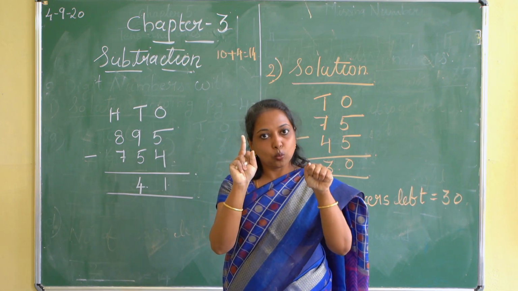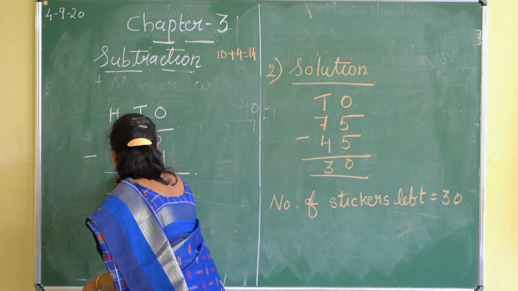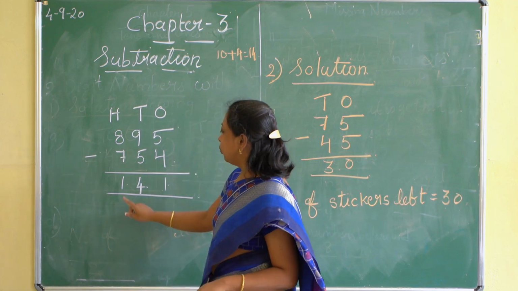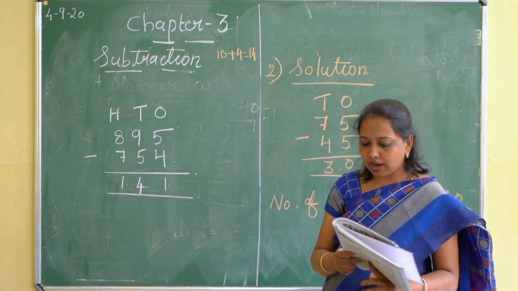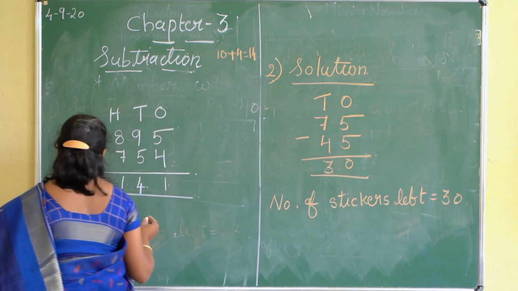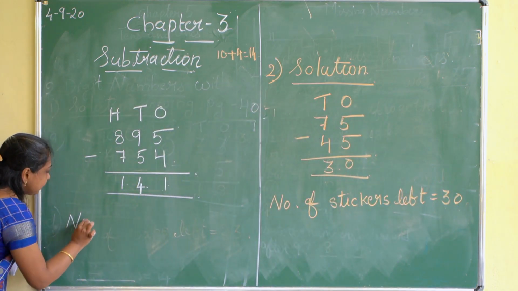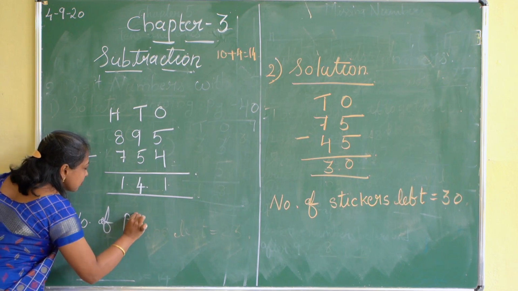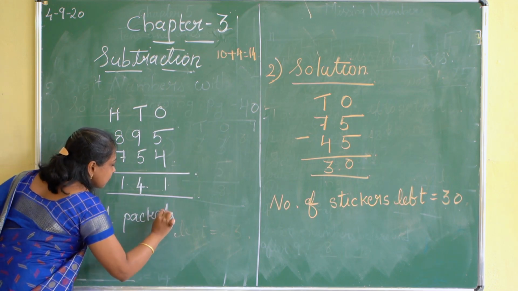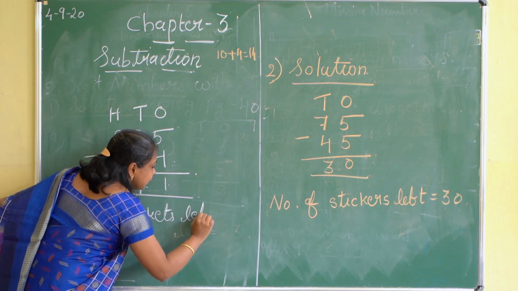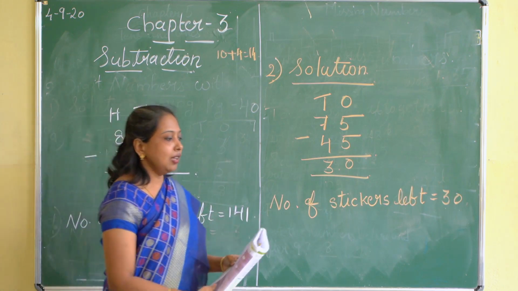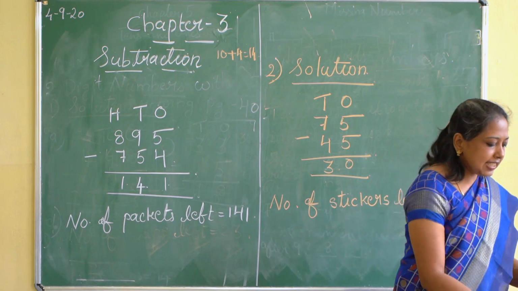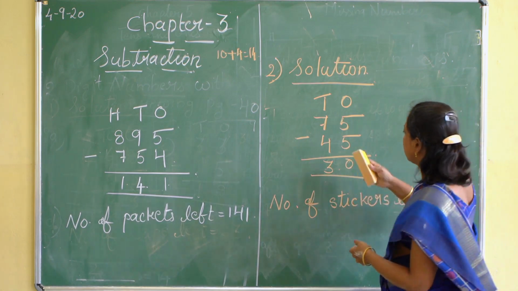What you got? 1. So what will be the answer? 141. What is that? The number of packets left is equal to 141. Now let's solve the second question of the story sum.